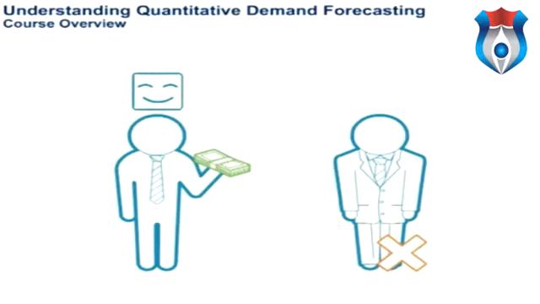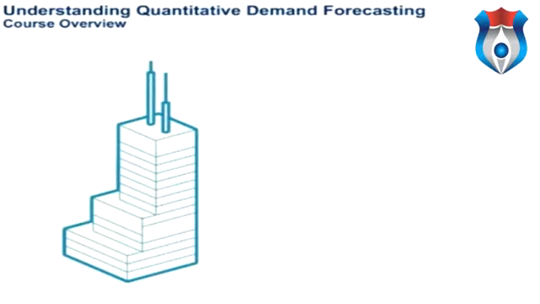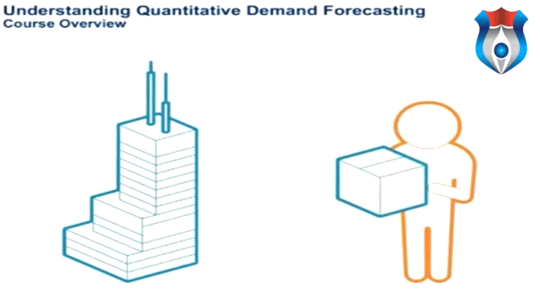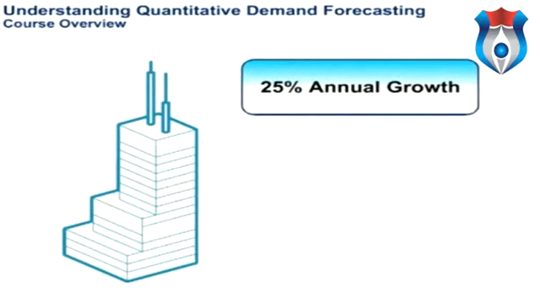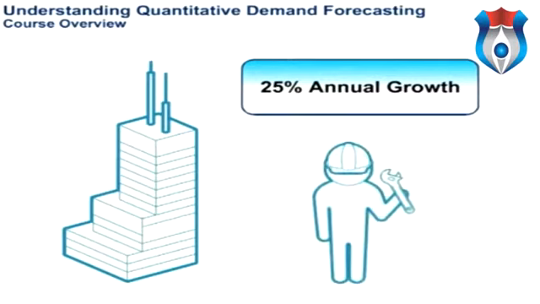The answer lies in the fact that all organizations have a need to understand and quantify future customer demands for their products and services. This knowledge will facilitate decisions that can significantly increase the competitiveness and profitability of the organization. For example, an organization projecting 25% annual growth will need to invest in manufacturing capacity upgrades and additions in the future.